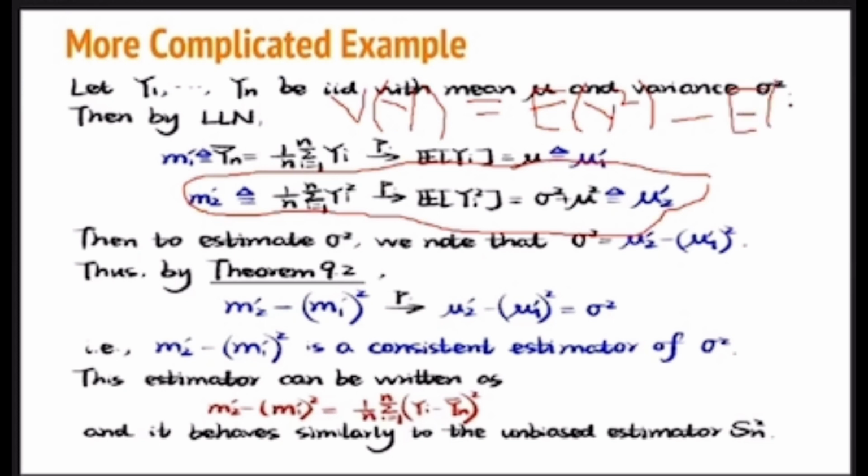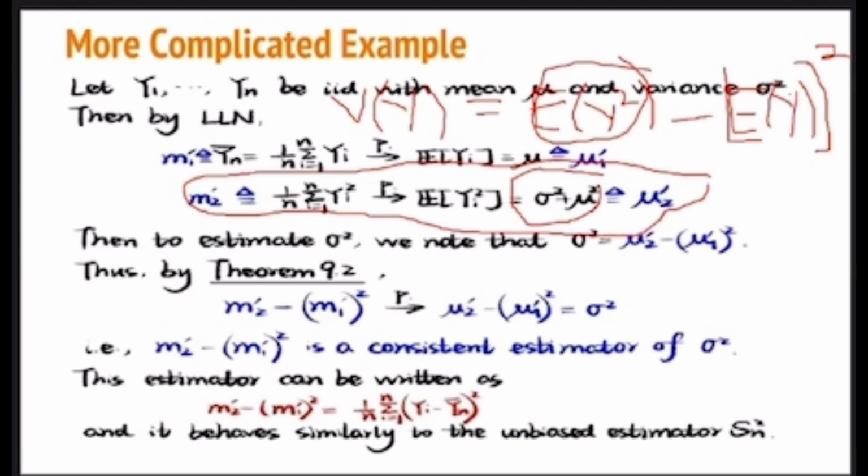I think you remember that from statistical theory. If I make the second moment the subject of the formula, it's going to be the variance of Y plus the square of the expectation. The variance of Y is sigma squared, and the square of the expected value of Y is the mean squared. That is the same thing as the second moment.